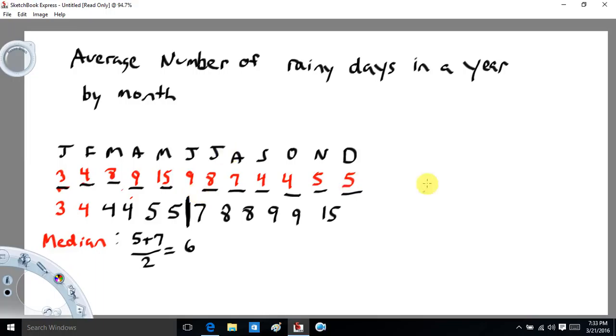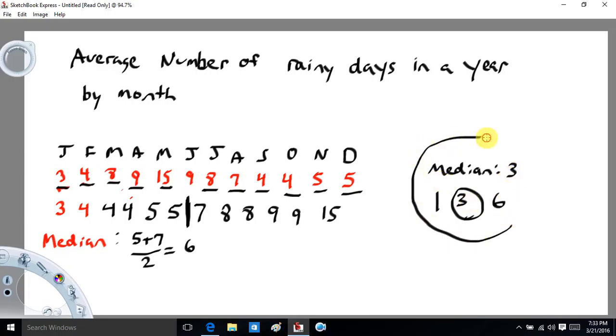Okay, so say we had an odd number, okay, 1, 3, and 6. The median would just be the middle number for this one. Okay, since we had an even number of data points, we have to take the average of the middle two.